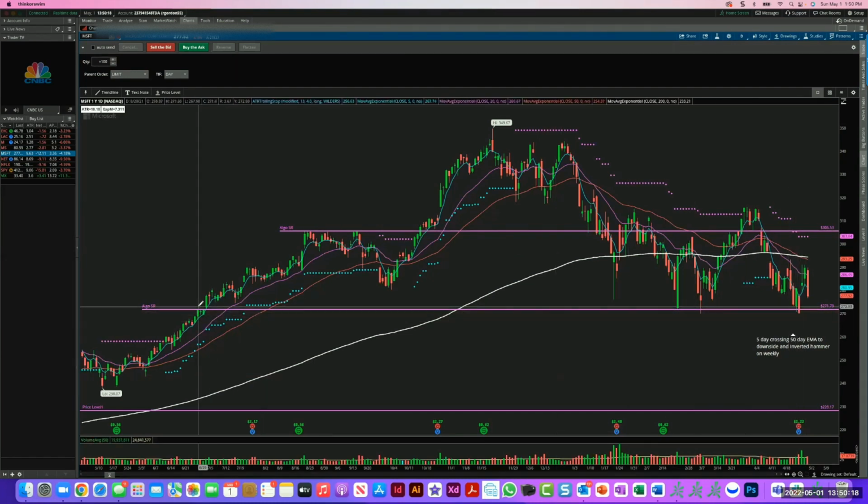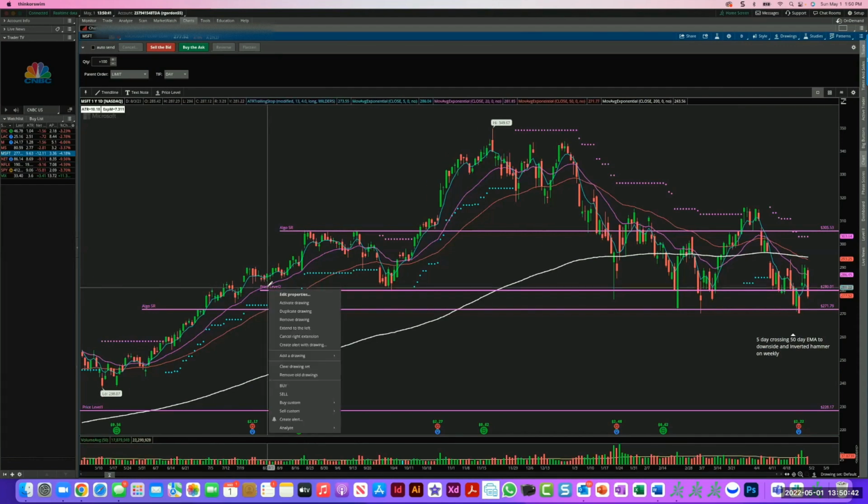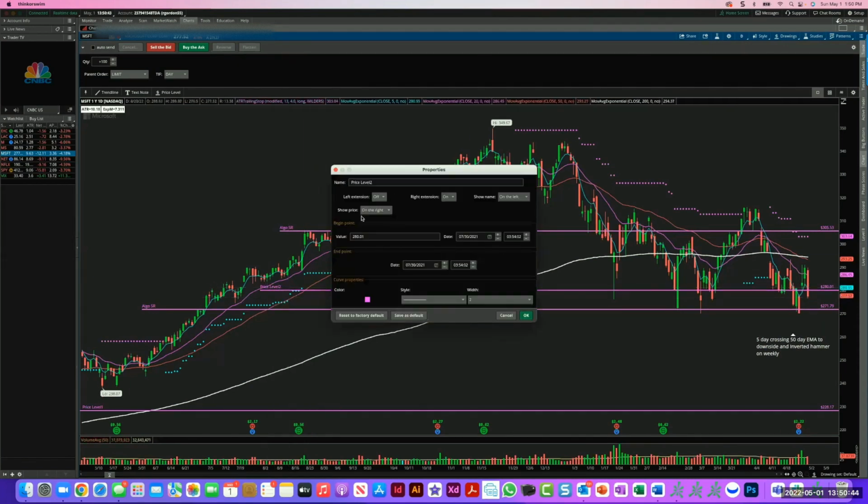I would consider this as the neckline, and we could move it up here if we wanted to. So we could say this is the neckline for this head and shoulders pattern.